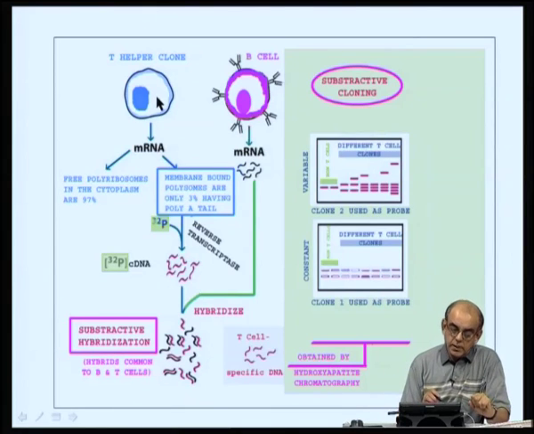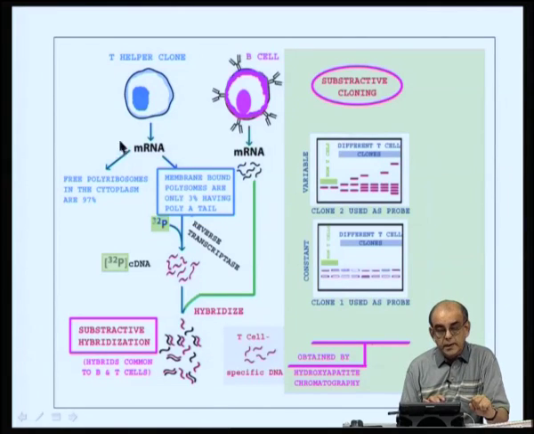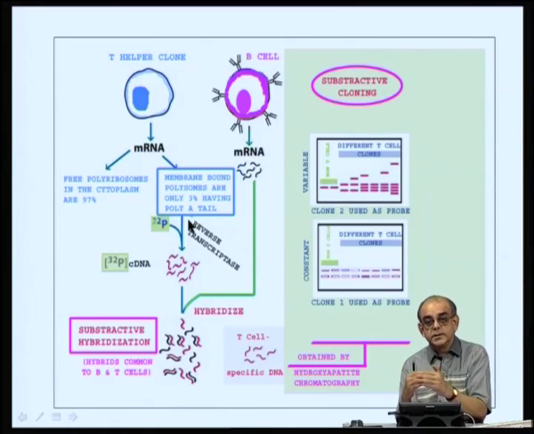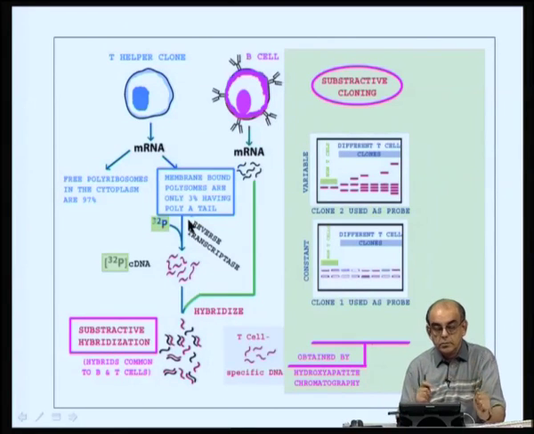So, they prepared the mRNA, and this mRNA consists of two types. One is bound to polysomes or polyribosomes, which can be purified using oligo dT columns because they have a poly A tail. These mRNAs that have a poly A tail are the ones that are actively being translated to give you proteins.